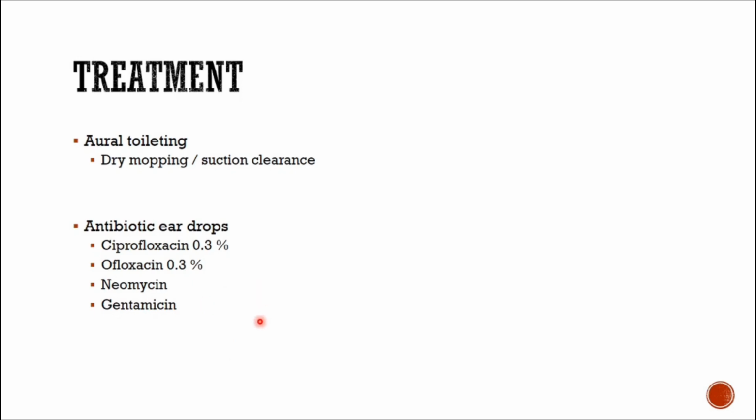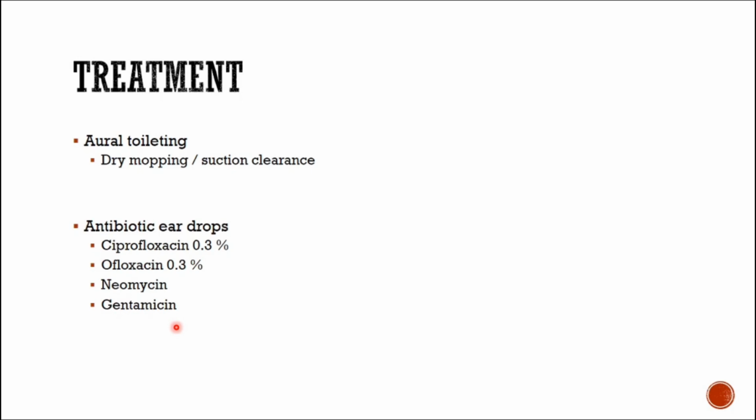If you are using amikacin and gentamicin ear drops, you should have a baseline PTA for the patient, and you should not use these drops for more than 5 days or a maximum of 7 days. If you use the drops beyond this period, there is more chance of ototoxicity. Once the patient develops ototoxicity or sensory neural hearing loss, there is no way you can treat the condition.